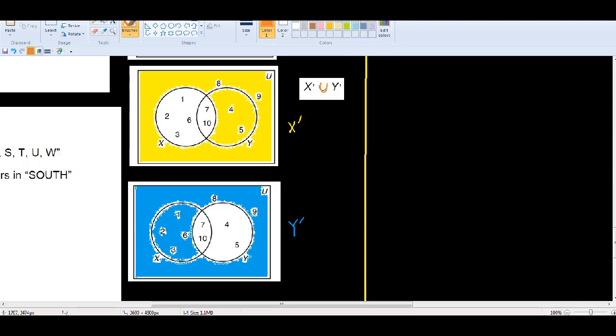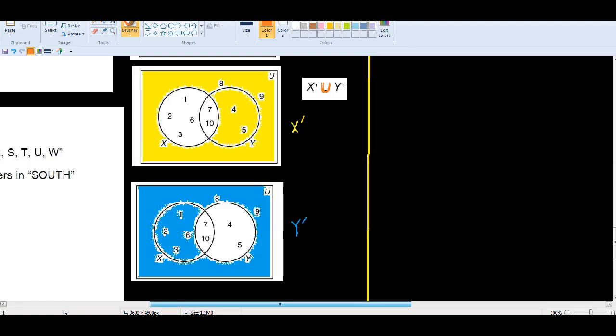Remember now it's union. So you need all the data in the yellow area plus all the data in the blue area. So you only exclude 7 and 10, right?